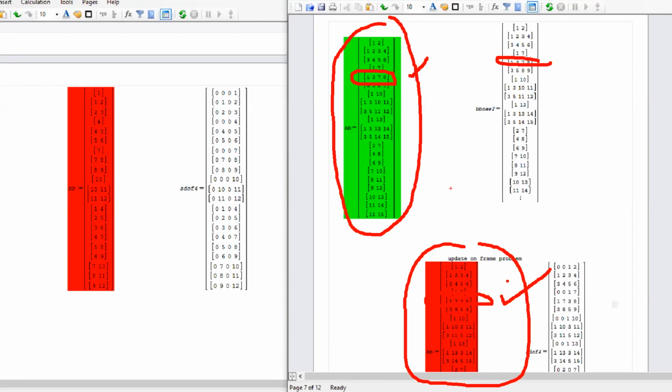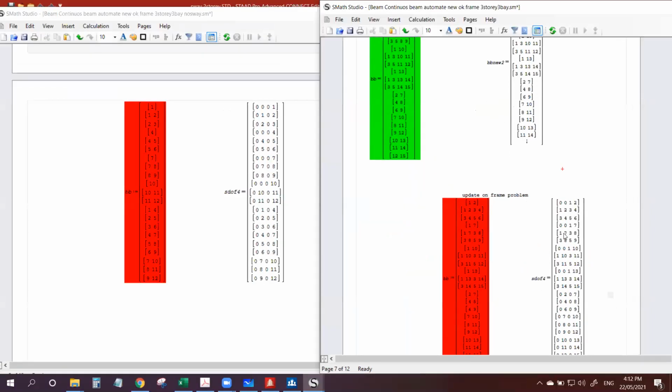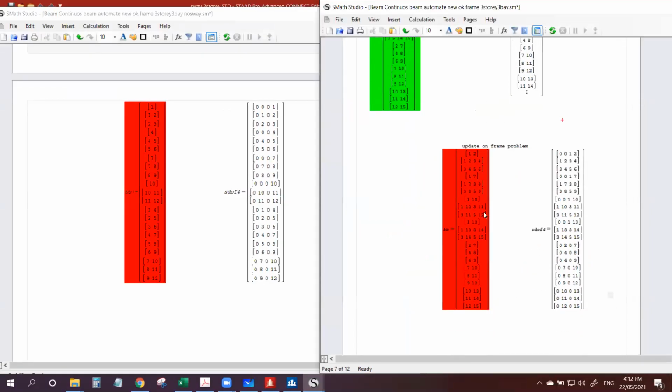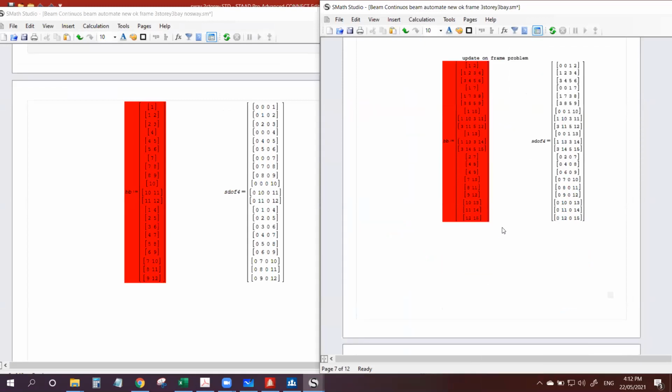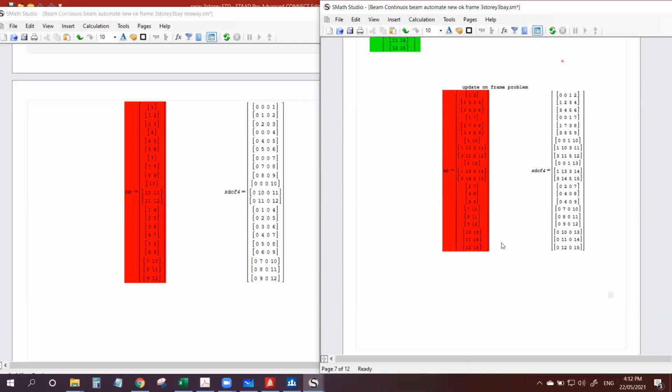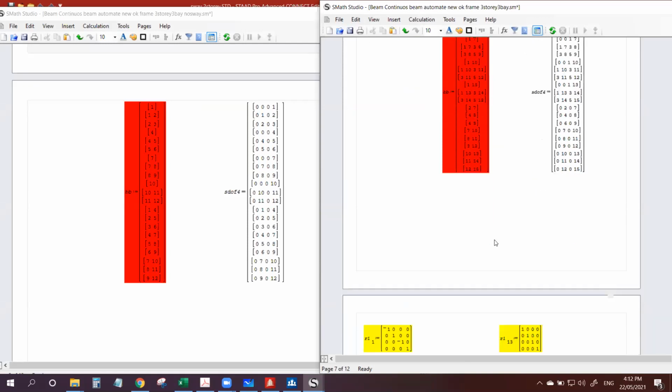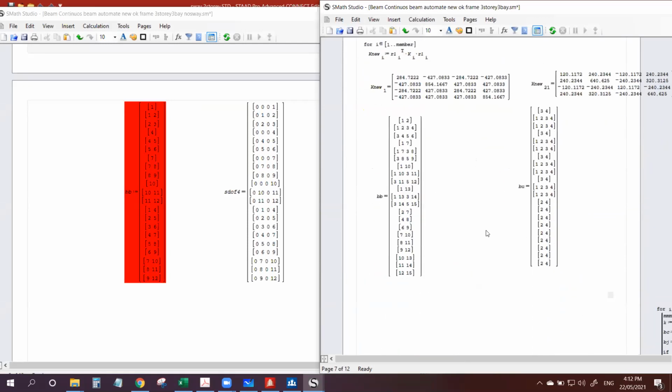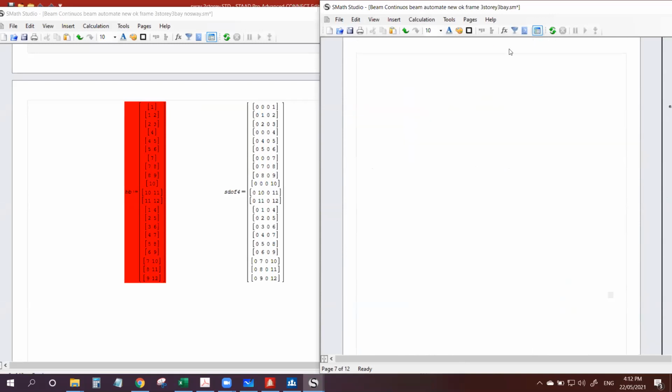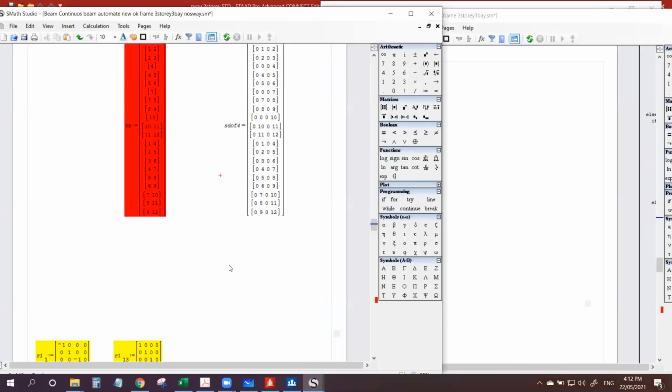Maybe I need to tweak that later. That's the only improvement that I need to work on. The rest are the same.